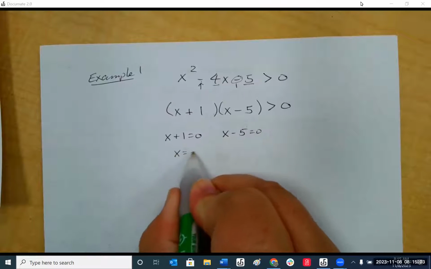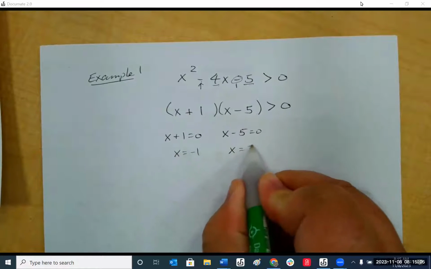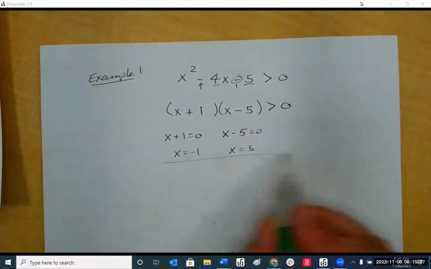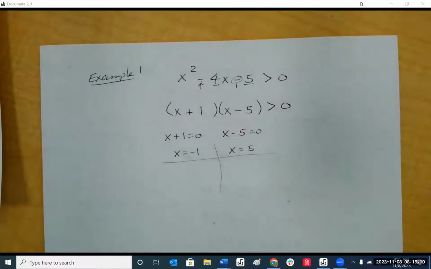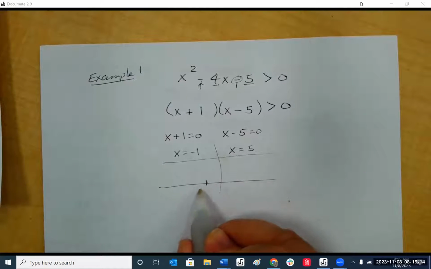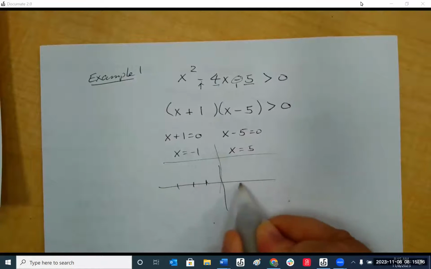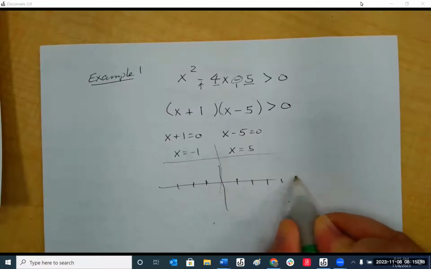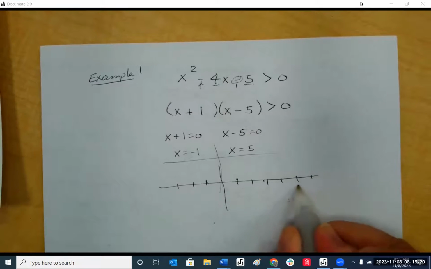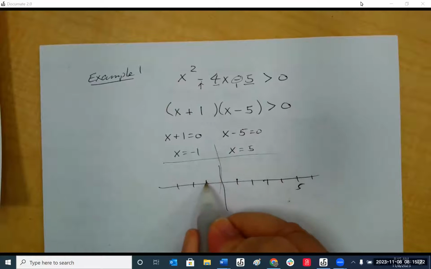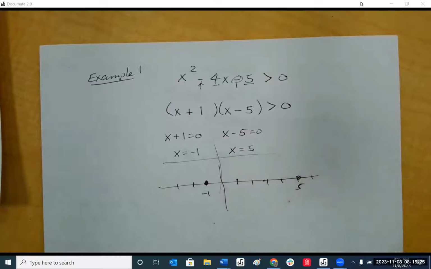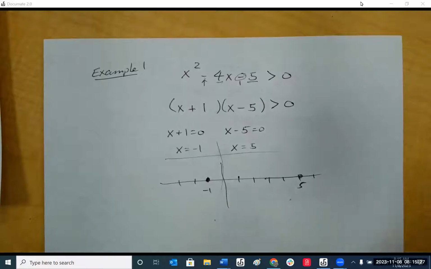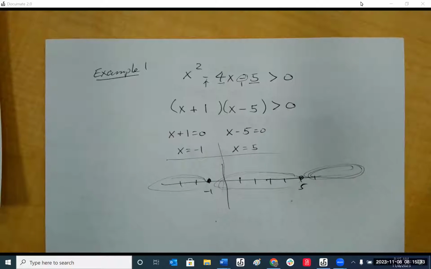So x is equal to negative 1 and x equals 5. So we see here that our x-intercepts are at -1 and 5. So our intervals that we're going to look at are these.